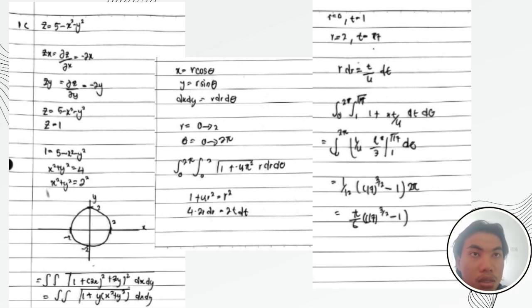Then we are going to set up the surface area integral. The formula for the surface area S of the surface z equal to f(x,y) over the region R in the xy plane.